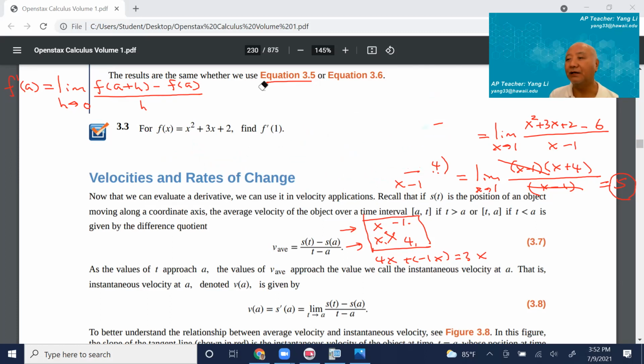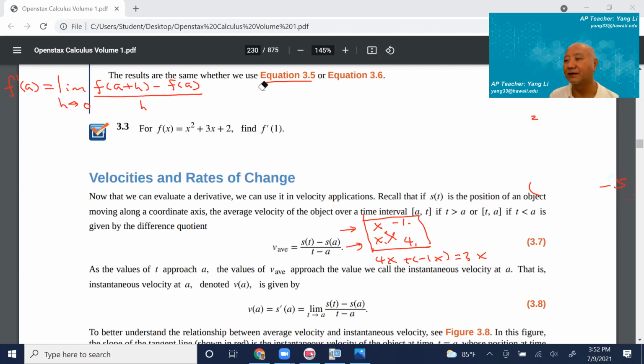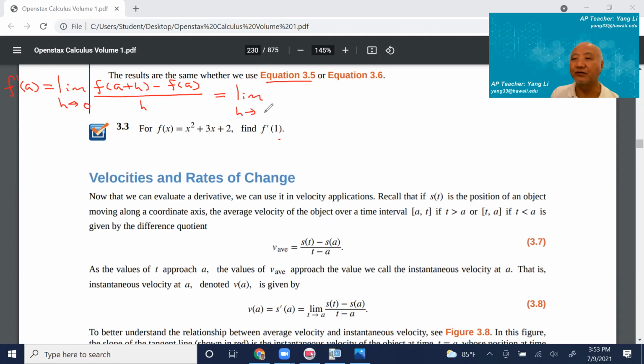So how do you get this one? We go like this here. Erase it first, okay? So here we can get it like this. Here a is 1. So we have the limit as h approaches 0. a is 1.